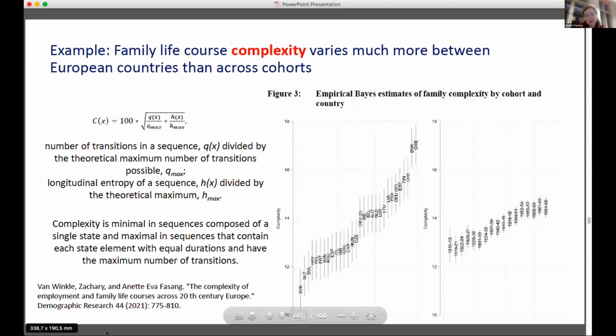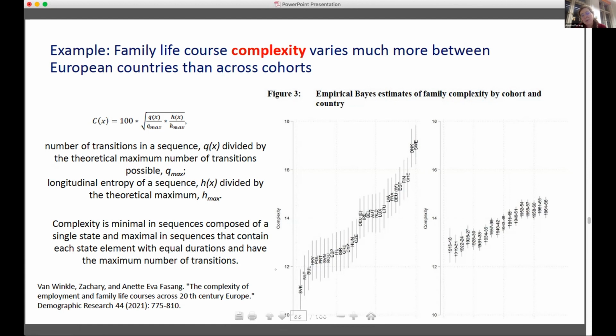And one thing we show in this paper is that, yes, indeed, as you see here, this is the complexity index. So basically, this measure is the number of transitions in the sequence relative to the number of theoretically possible transitions. But the result was that actually there is a slight increase in family life course complexity, but not even among the most recent cohorts.